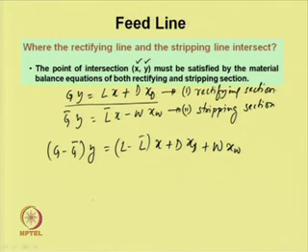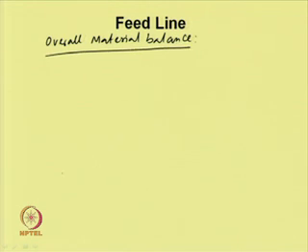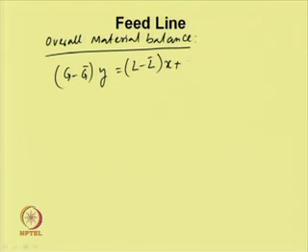Now, if we use the overall material balance, if we do that, we can write (G minus G dash) times Y is equal to (L minus L dash) times X plus F Z f.